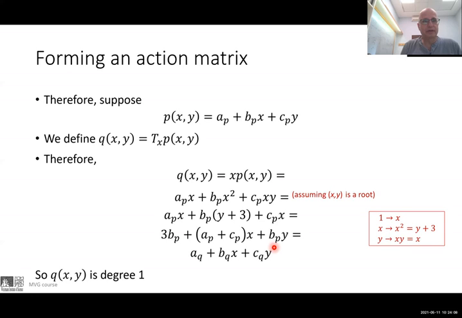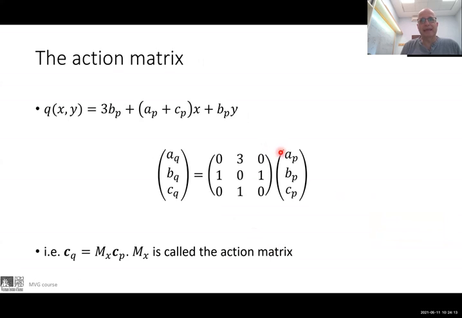So we will just write AP, BP, CP here. And you see that the first term is 3 times BP. AP plus CP, so we get 1, 1 here. And BP, so we get 1 in the middle. It's a little bit abstract and difficult to understand, so feel free to ask questions.